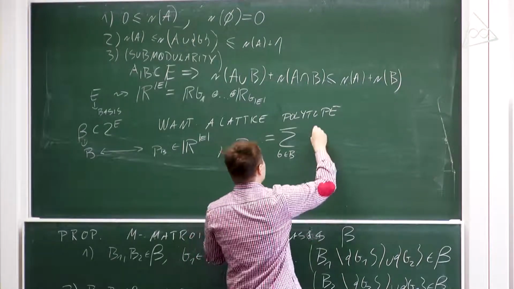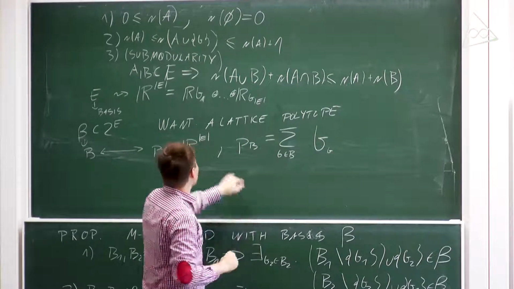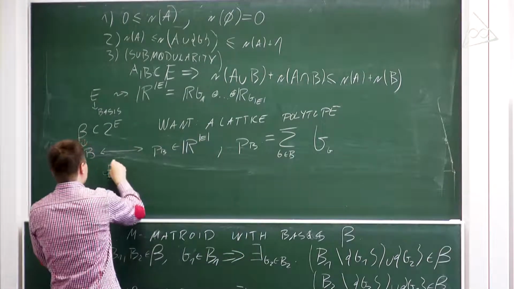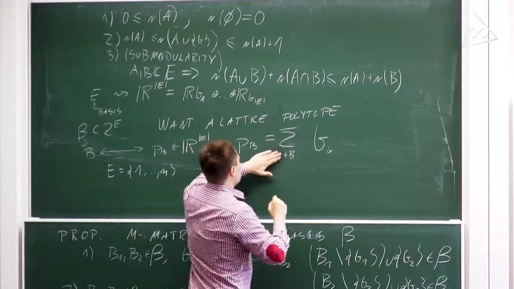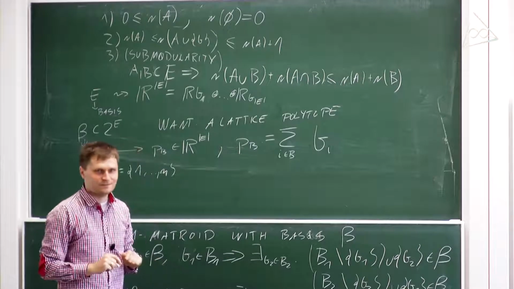Yeah, okay, so now I see I didn't use a very good notation for these basis elements. Let's say that E is just 1 to n, and now we will sum i in B, and this will be just b_i. That's a better notation.